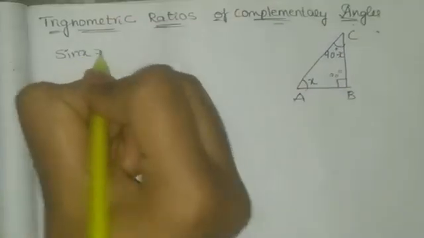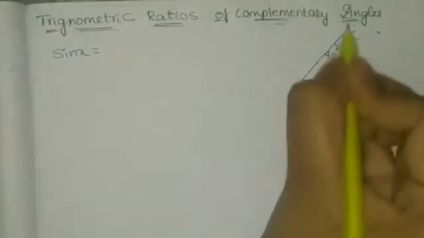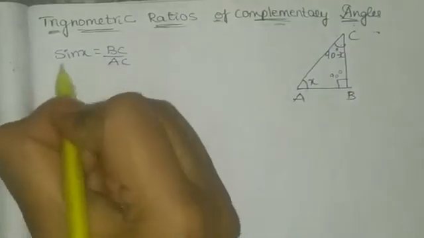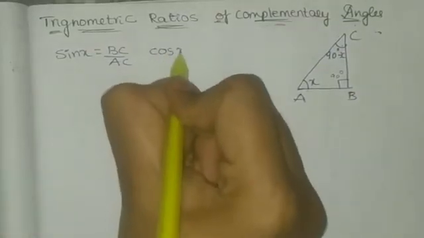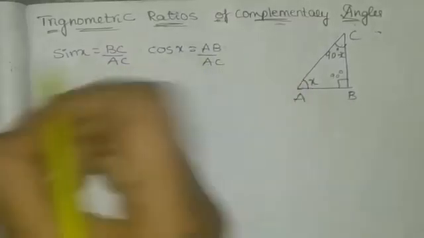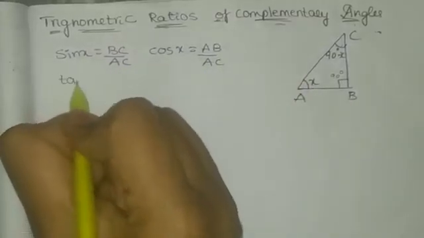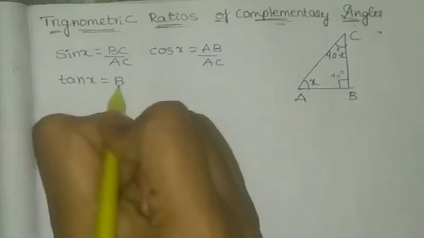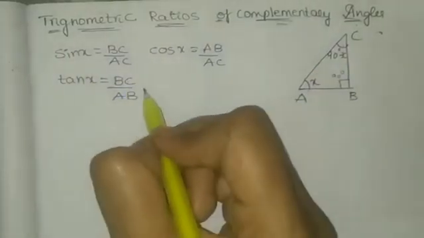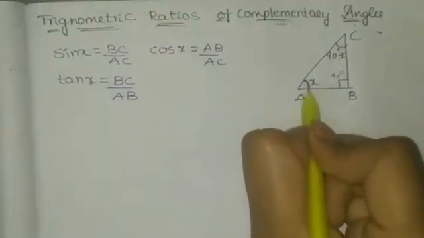Sin X value is BC by AC. Cos X value is AB by AC. Tan X value is BC by AB, opposite by adjacent of X angle.